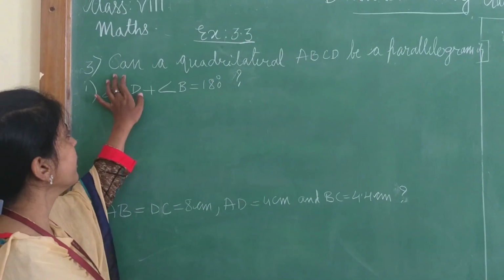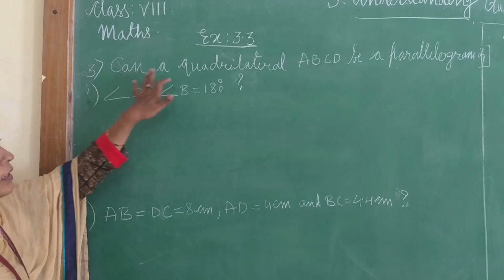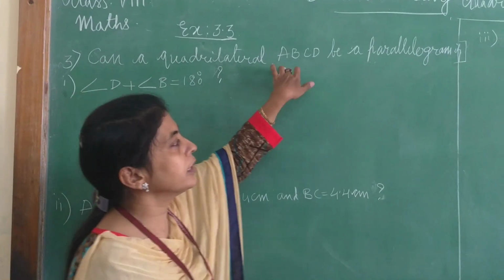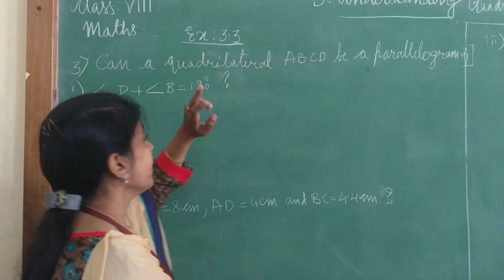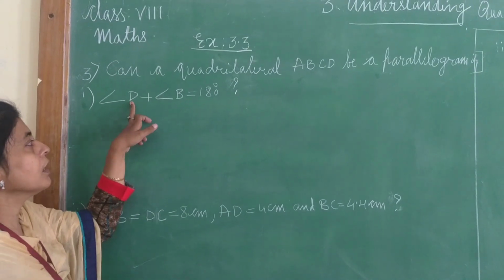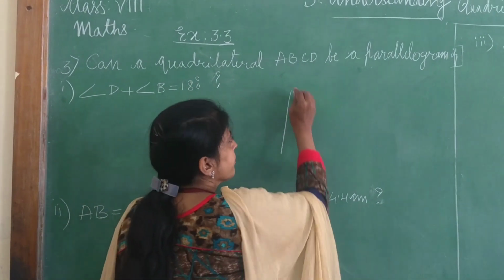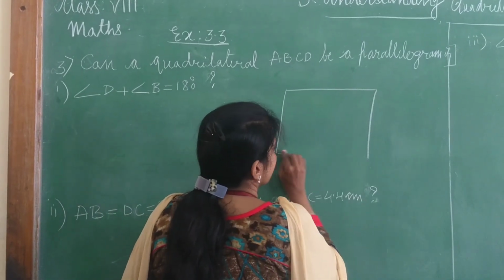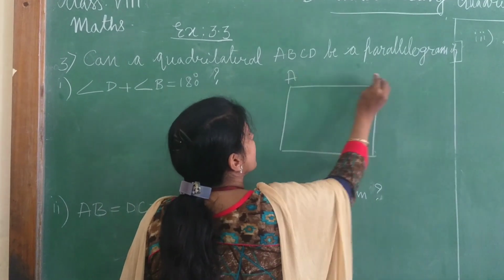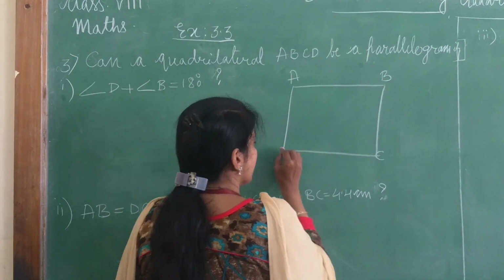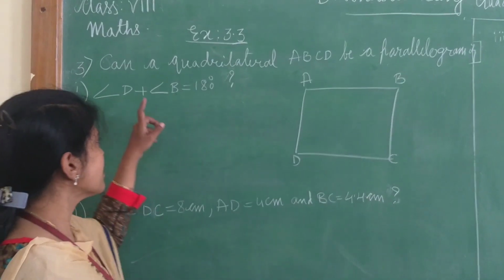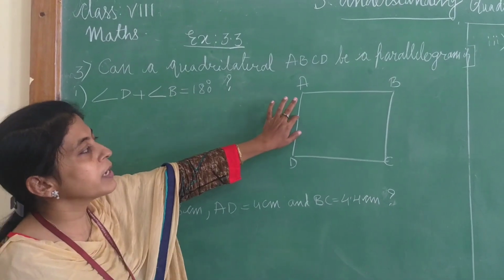Let us see the next problem. Third one, that is, can a quadrilateral ABCD be a parallelogram if angle D plus angle B is equal to 180 degrees? Let us see. The question asked to us is, can this be a parallelogram?